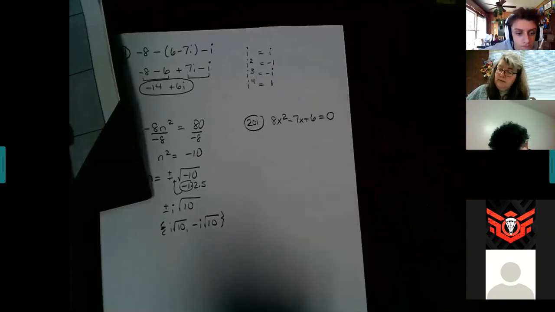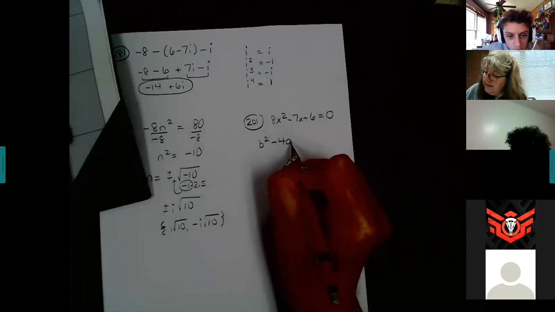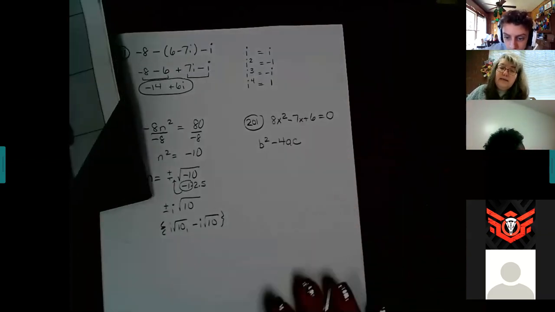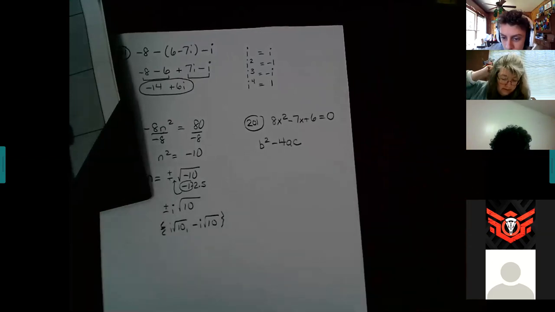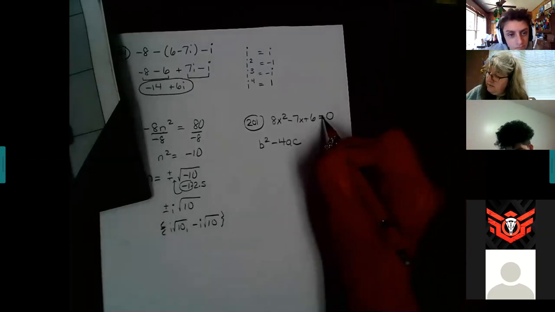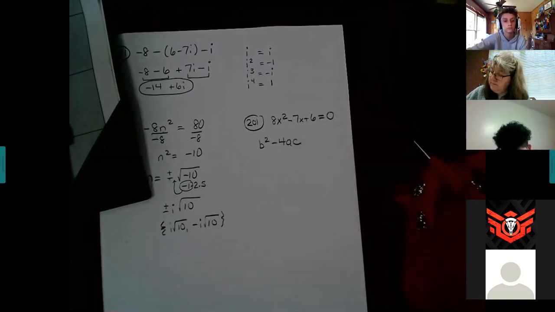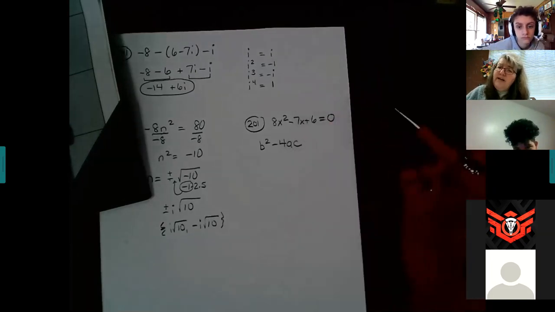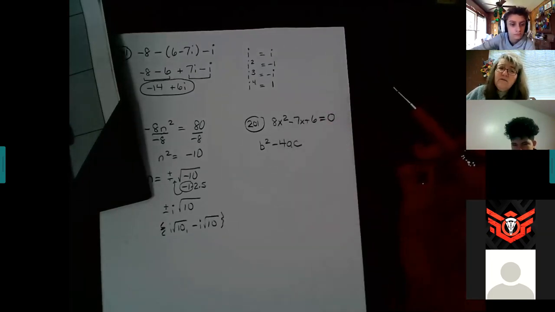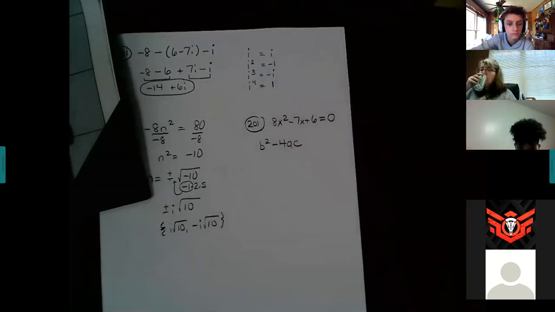201. The first thing it says is find the discriminant. The discriminant is b squared minus 4ac. So what's b in this problem?